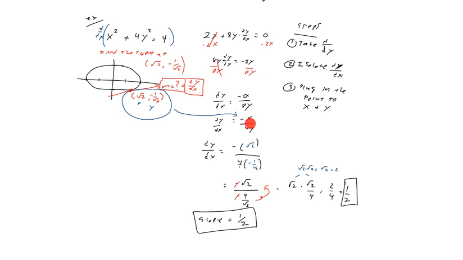Here's dy/dx. This is step number 2. This is number 1. And then number 3, I plugged in. Get the dy/dx, isolate dy/dx, plug in, get your slope in the end, your numerical answer for the slope.